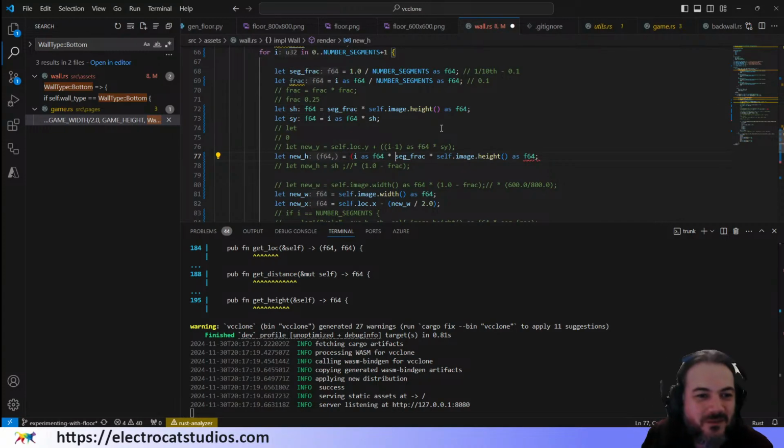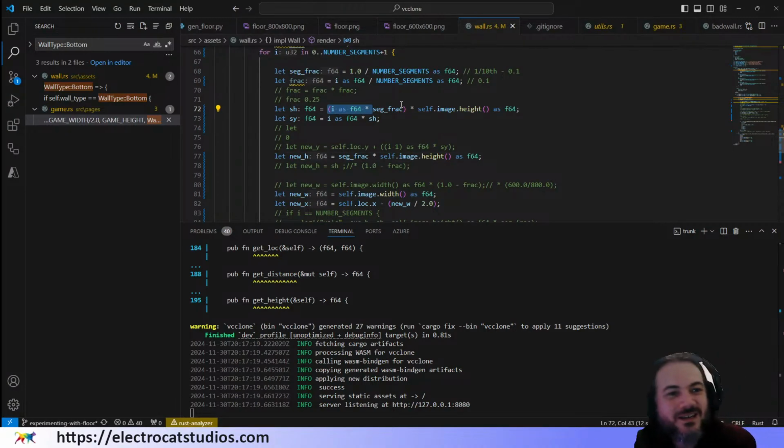Yeah, there we go. What was there before? I times segment fraction. Yeah, that should be the start Y. Should be that. I don't believe it. Right. Okay, yeah.